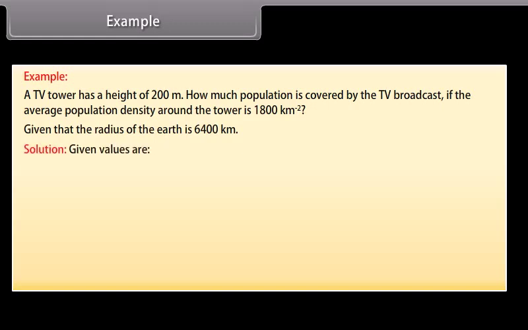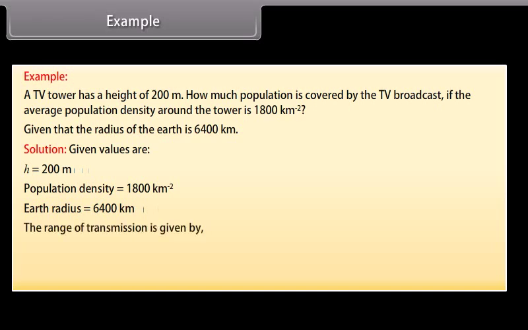Let's see the solution. Given values are H is equal to 200 meter, population density is equal to 1800 per kilometer square, Earth radius is equal to 6400 kilometer.